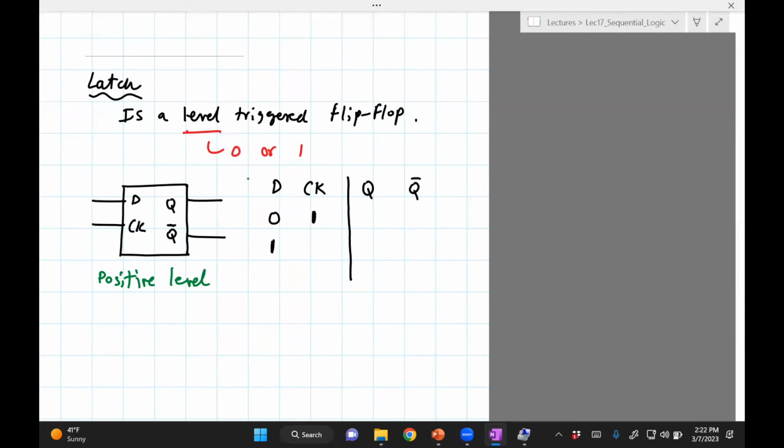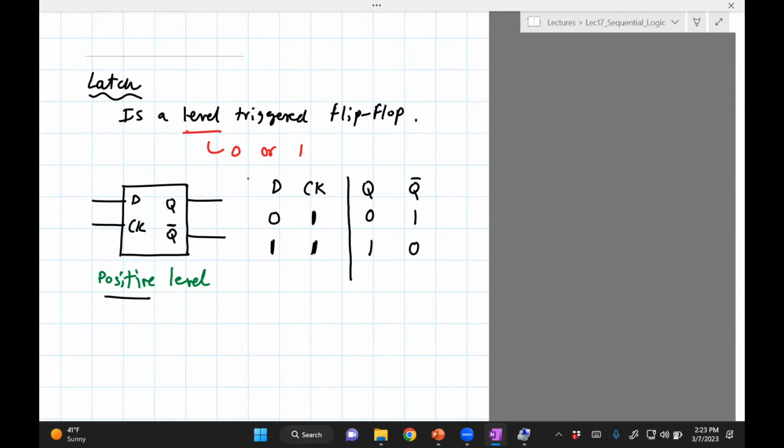So we have D equals 0, CK is 1. Now, when D equals 0 and clock is 1, remember it's a positive level, so it's triggered by this 1. It turns out the output is going to be 0, and Q bar will be 1. When the clock is 1 for the positive level, and D is 1, we'll have Q equal to 1, and clearly Q bar will be 0.